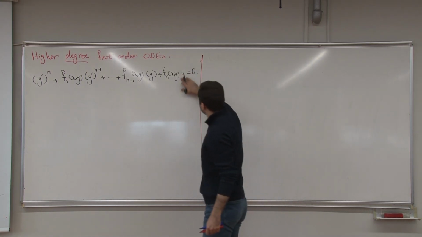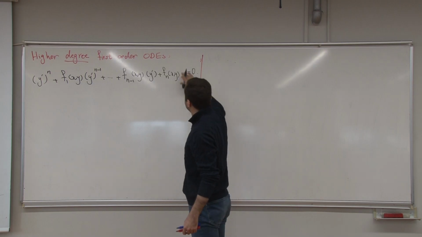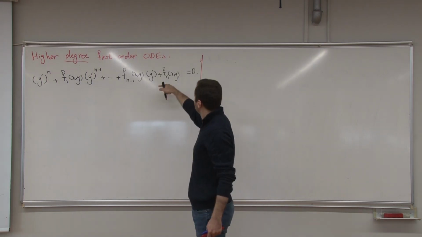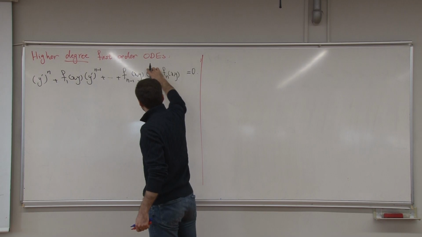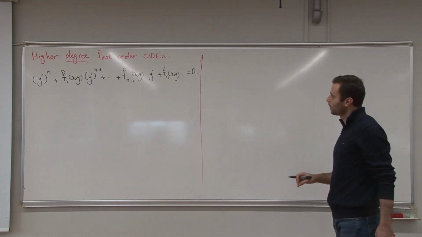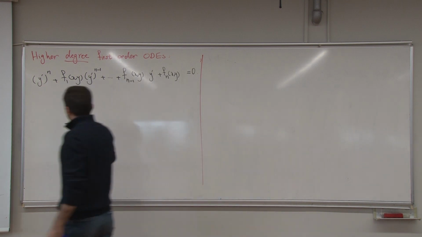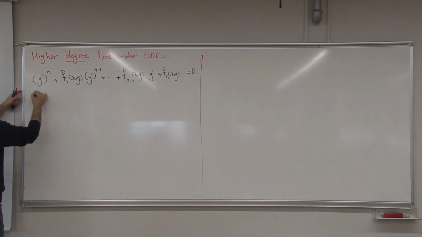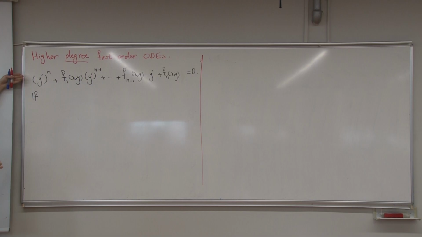Because y prime to the power of 0 is 1, I can also get rid of this. This is the general form of a first order nth degree differential equation.